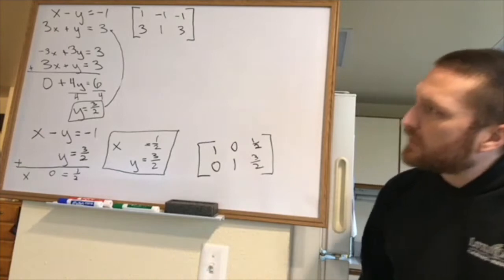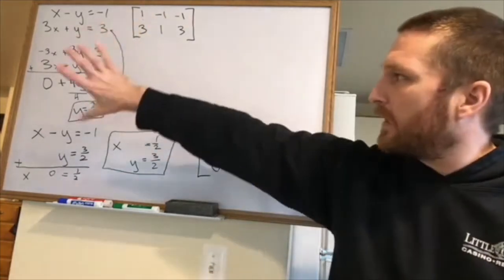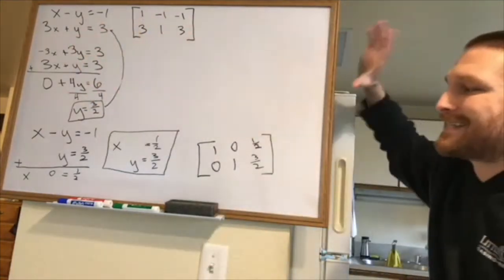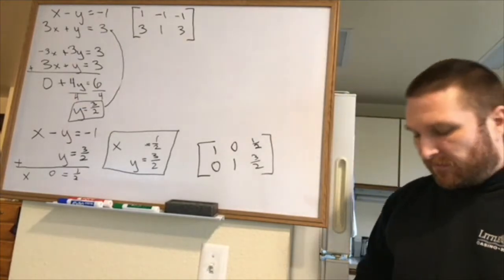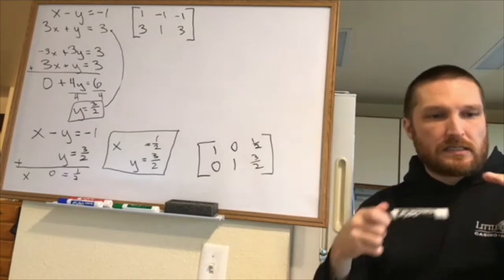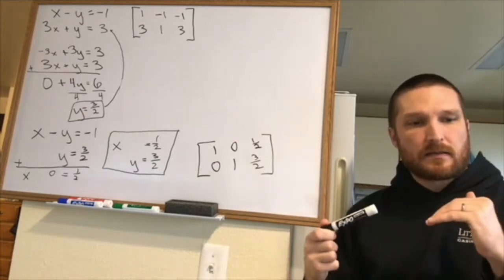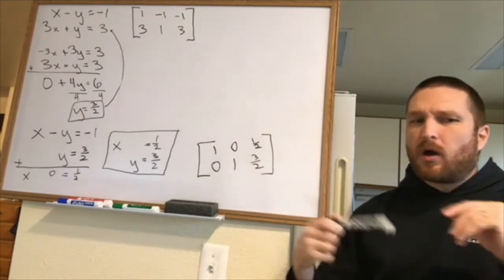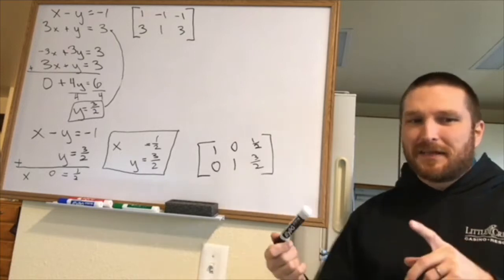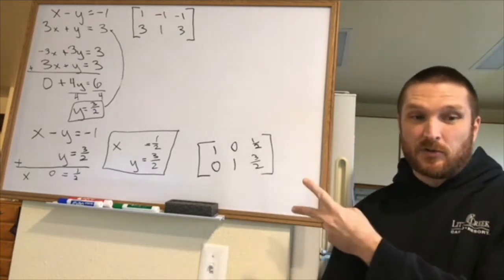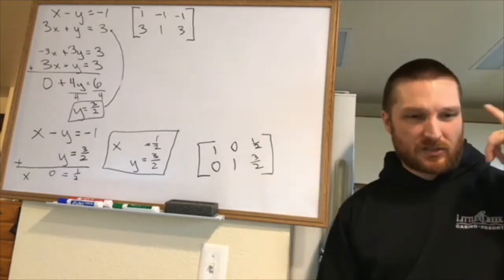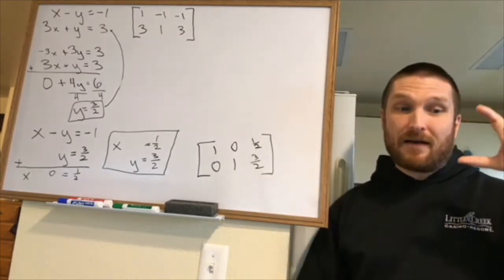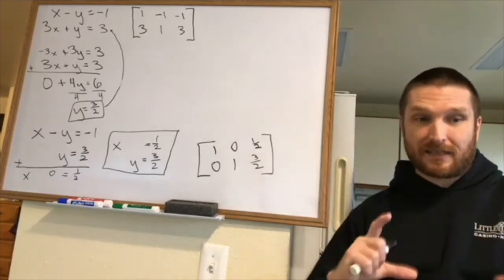And so let's kind of just go through and think about this. Another nice thing about thinking about it this way, like I said before, is that we're going to add equations together and get new equations. And when we do that, we don't want to throw away all of our equations. In order to solve a 2x2, we need two equations. So this notation is going to help us to remember, oh, I better have two equations with me every single time.